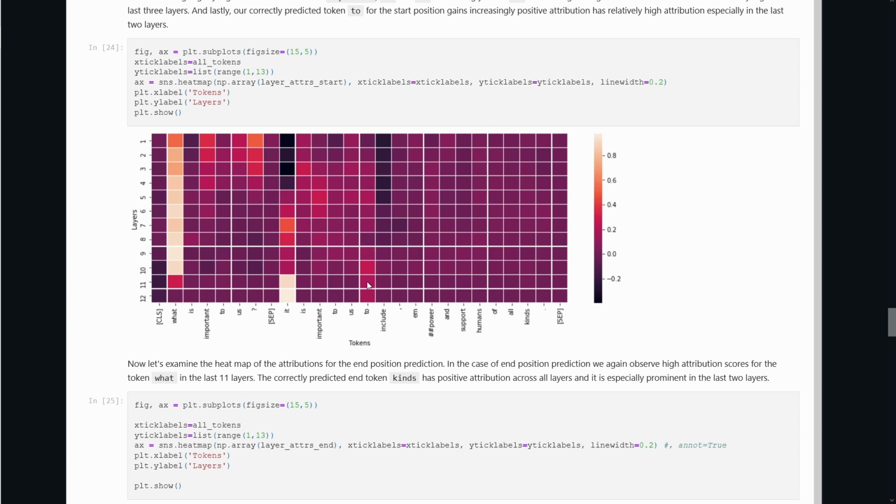And even more interestingly, look at the token "it" here at the beginning of our answer. In layer 10, we have a solid middle ground, let's say here, and then suddenly we jump almost close to 1. Why is this happening here, at this borderline?